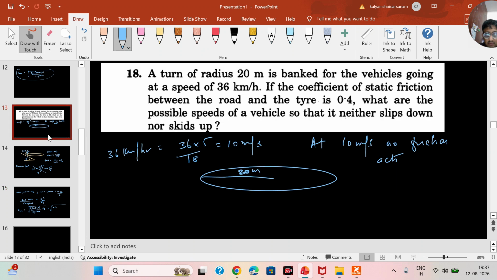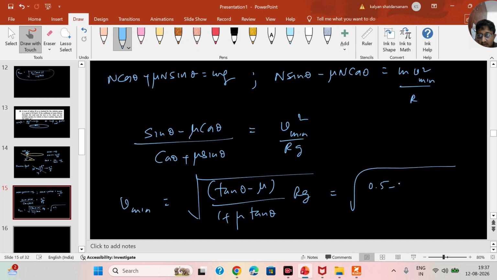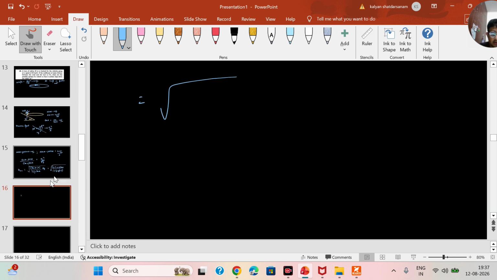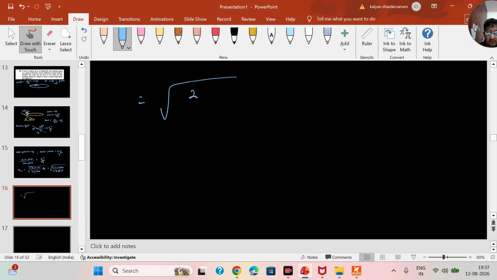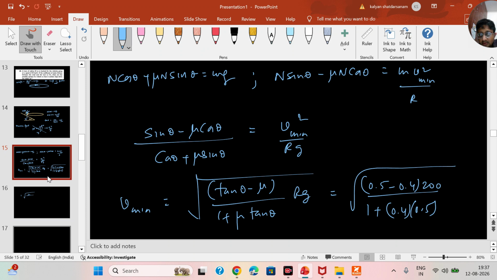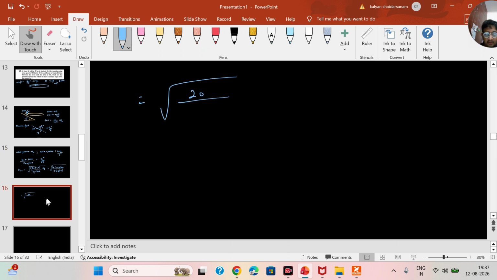He gave in the question, what is mu? 0.4, the road and tire coefficient of friction. 0.4 into r is 20 meters, g is 10, so it will be 200, by 1 plus mu, 0.4, into tan theta, 0.5. This we have to calculate. This is the minimum speed. So this will be root of 0.5 minus 0.4 is 0.1 into 200 is 20, by 1.2.